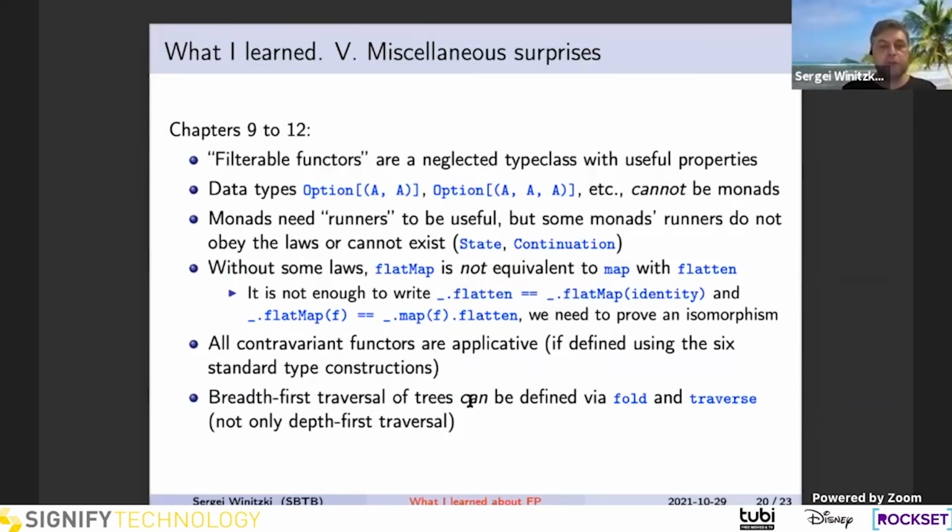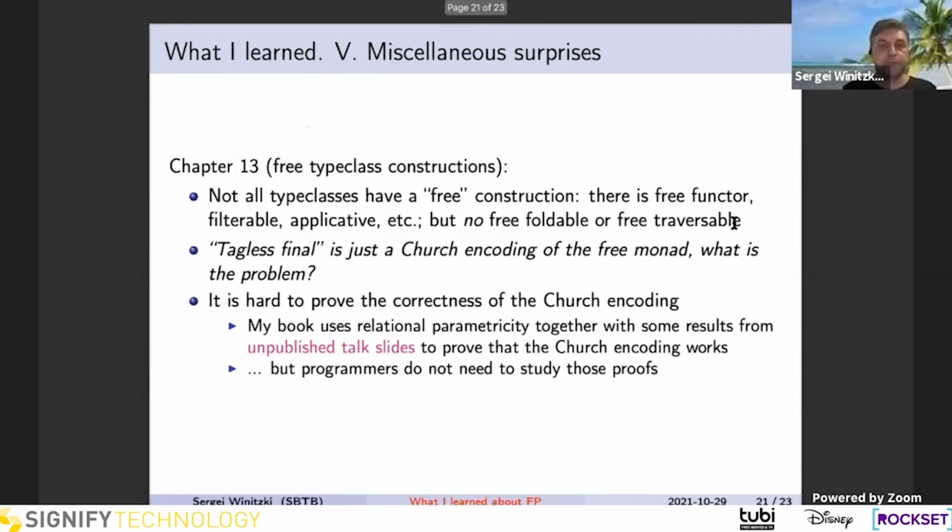Breadth first traversal of trees. So you can define special versions of fold and traverse that do breadth first traversal. Free type classes. So there's free applicative, free functor, but there is no free foldable or free traversable. Interesting, isn't it? But the programmer needs to know this, how to define free type classes.